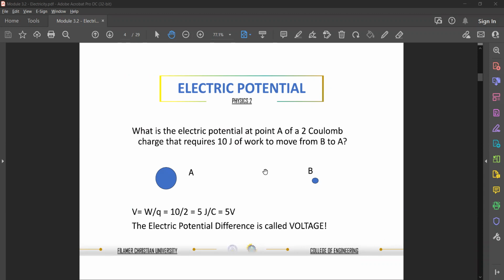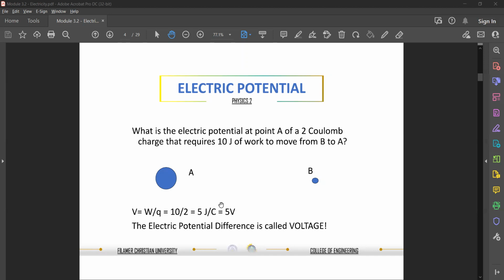What is the electric potential at point A of a 2 coulomb charge? Let's say we have 2 coulombs of charge that requires 10 joules of work to move from B to A. To solve this, with the use of the voltage formula, it's work divided by the charge, so that is 10 divided by 2.